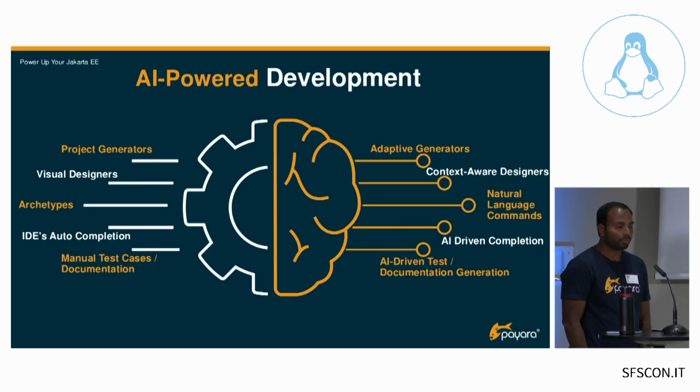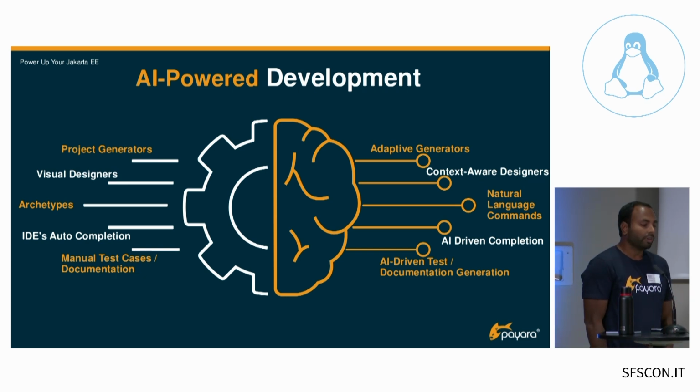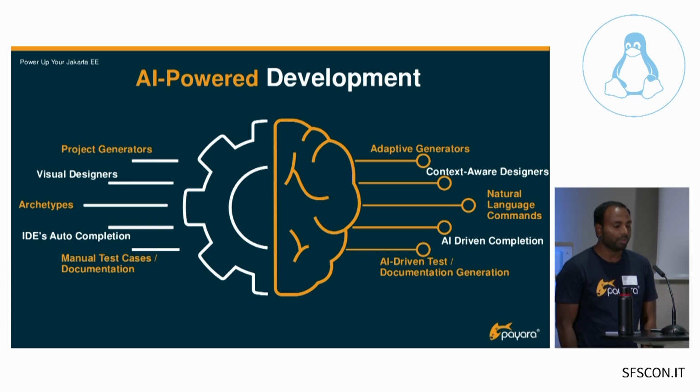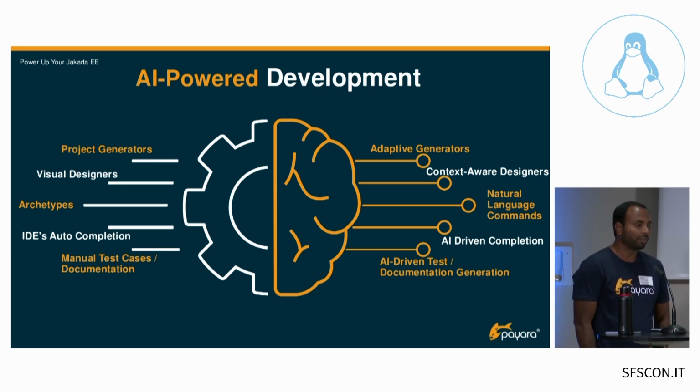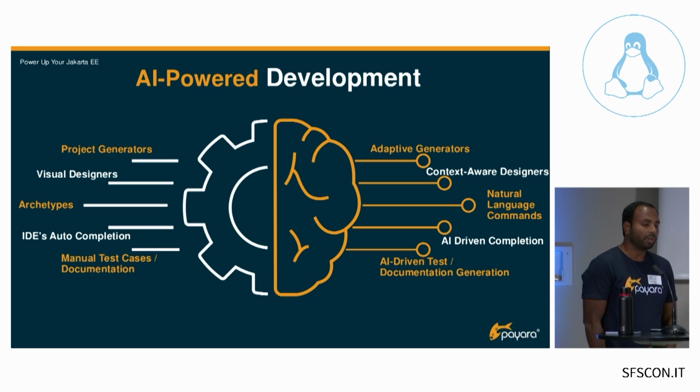So when we add the AI-driven approach to all these tools, what are we going to achieve? With the AI-driven approach, the project generator becomes an adaptive generator. It can suggest icons, titles, or descriptions in web components, and it can also help in generating UI tooltips or labels in the web form.